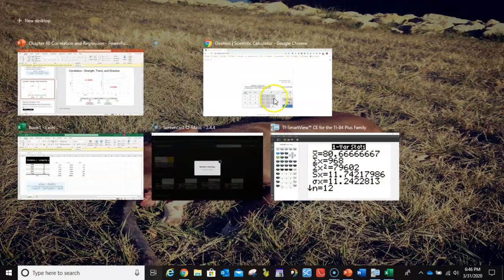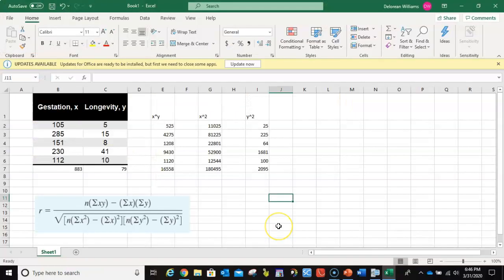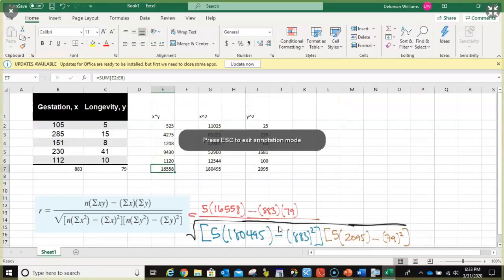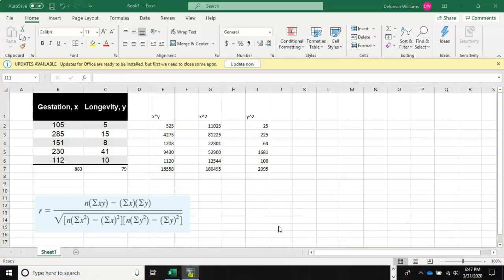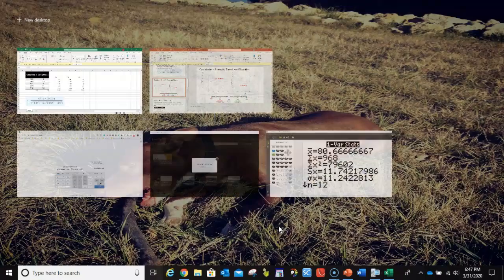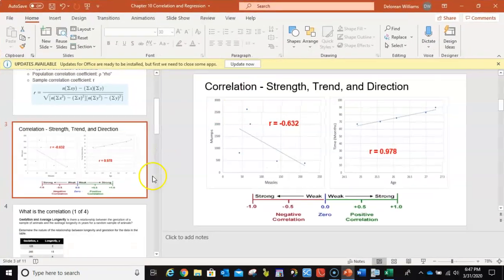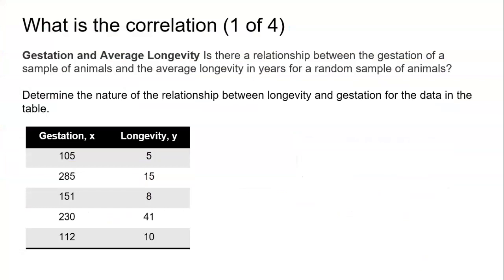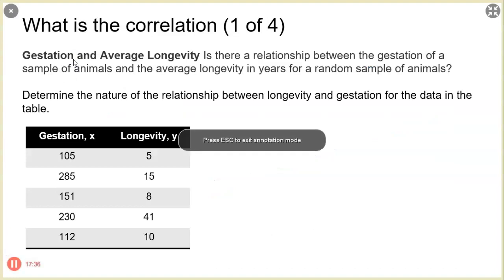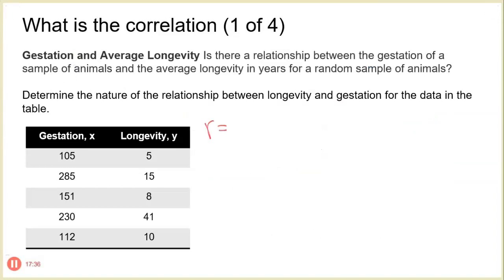Now, what I wanted to show you, so if I go back here, 0.57. So if we describe the nature, if I go back to the problem, it wanted us to describe the nature of the relationship. So R equals 0.571.